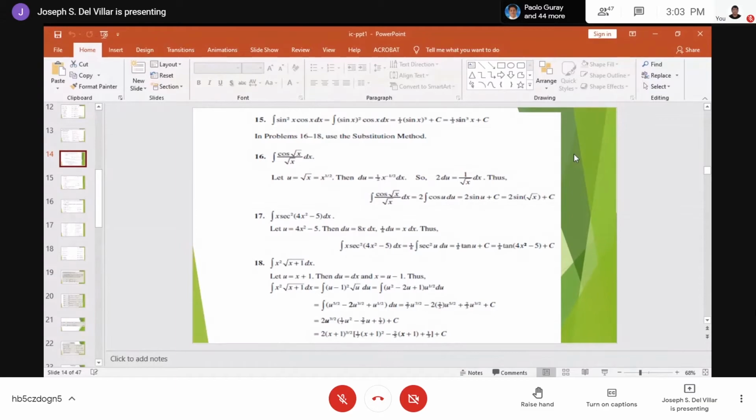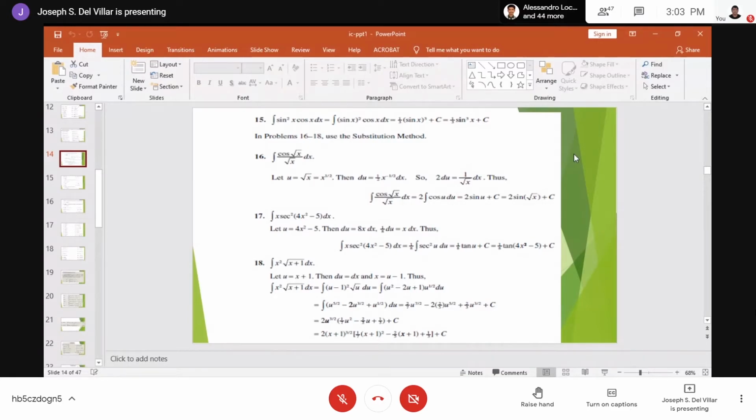Okay, let u be equal to sine x and then du equals cosine x dx. So taking the differential of both sides, du is equal to what? What's the differential of sine? Cosine x dx. Yes, positive cosine x dx. Okay?